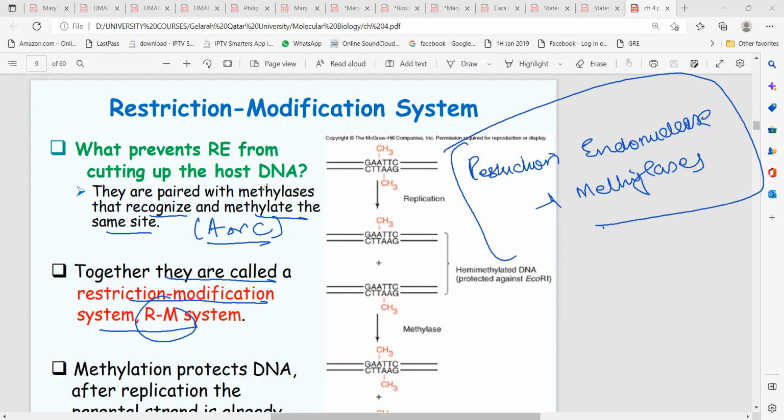They are together called a restriction modification system. Modification is caused by methylases, and the methylation is preventing degradation. Clear?